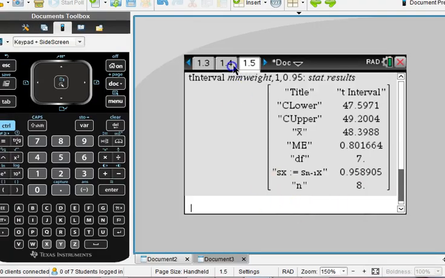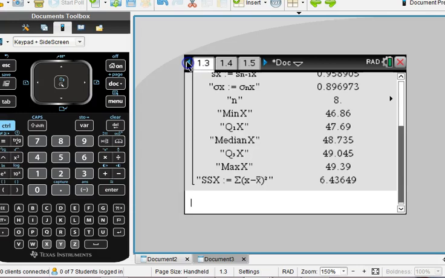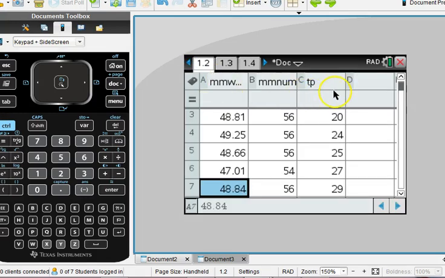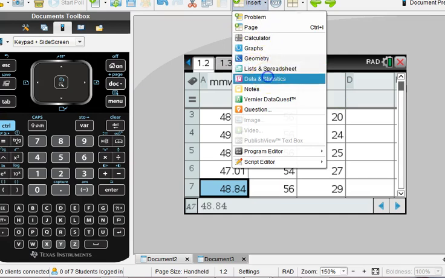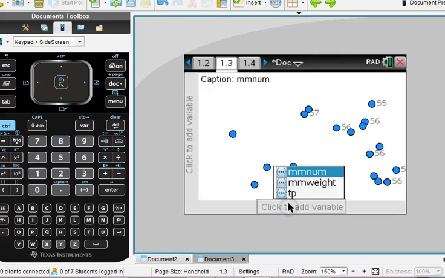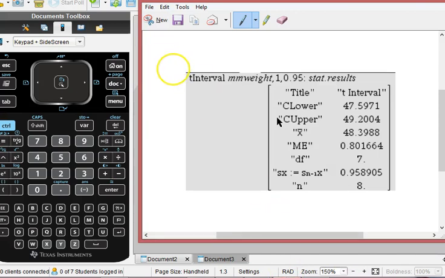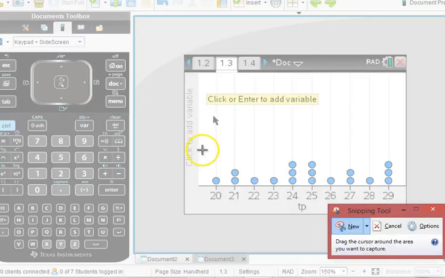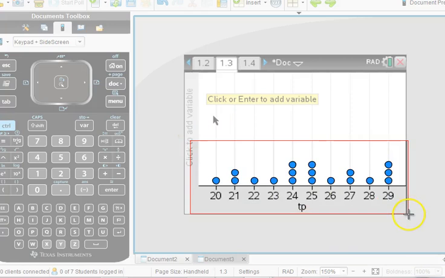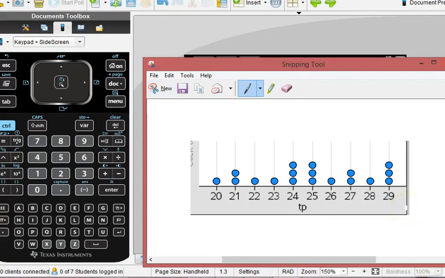I already have this data in a list here. I'm going to make a data and statistics page and do my TP here, and I see that this graph looks kind of like this. I'm going to copy it, and then I'll make a sketch of it too, just to show you what we're looking for.